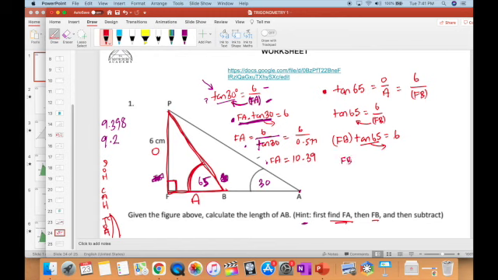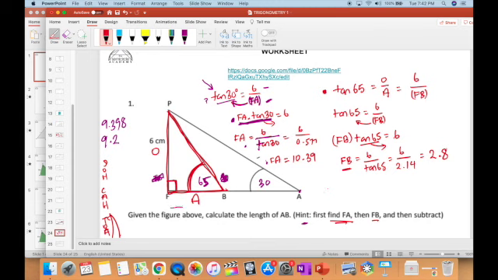So now FB is equal to 6 divided by the tan of 65, which is 6 divided by 2.14. Let me do that one more time: 6 divided by 2.14 is around 2.8. So FB is actually 2.8.